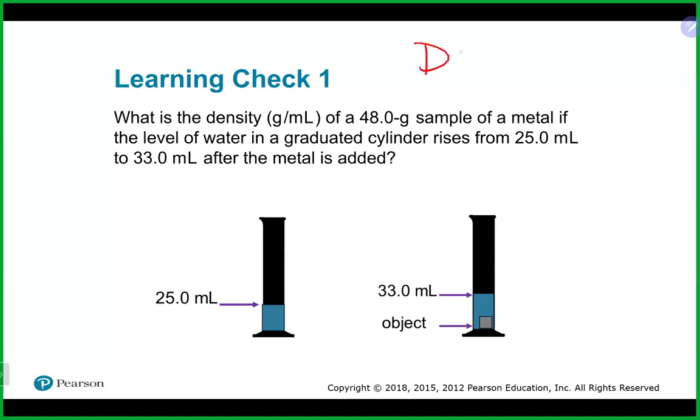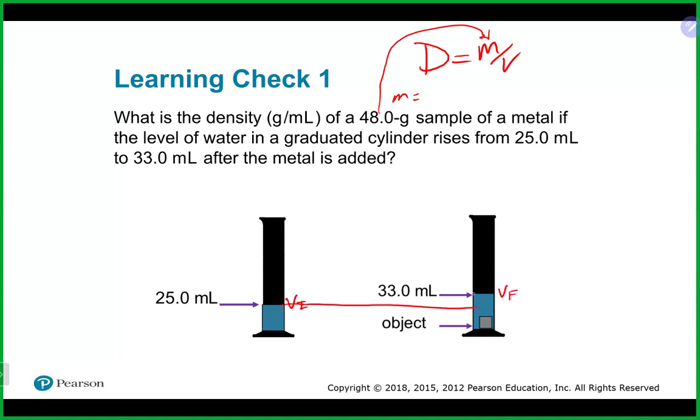So we'll start with our density equation, which is mass over volume. We obviously have the mass already given to us here, which is our 48.0 grams. We have our initial volume here of our water in the graduated cylinder. We're going to put that solid in there, and this is going to be our final volume.